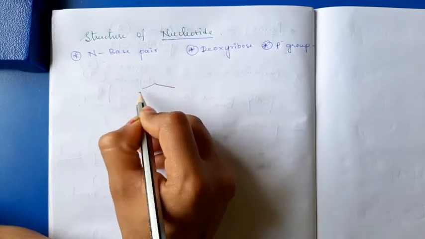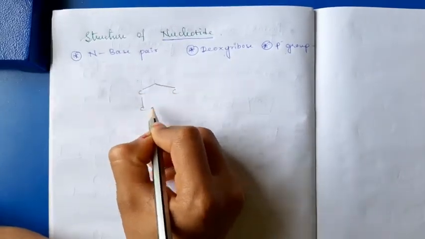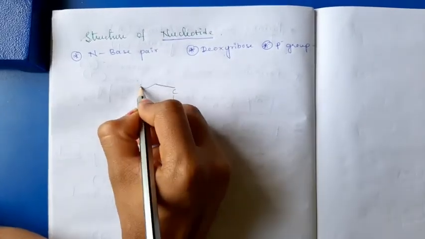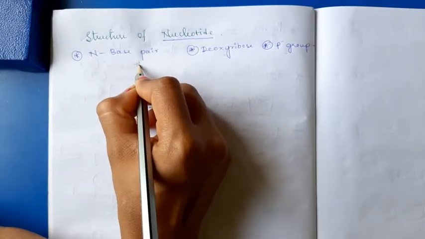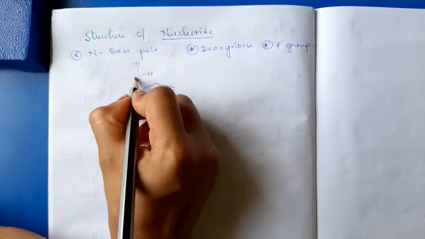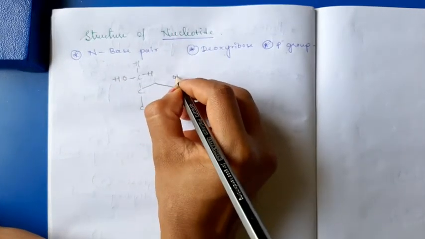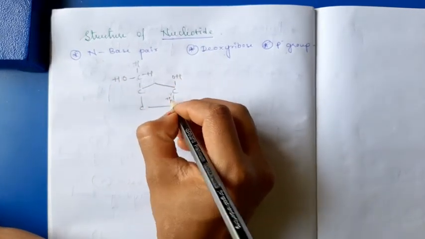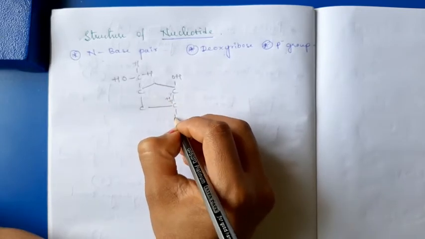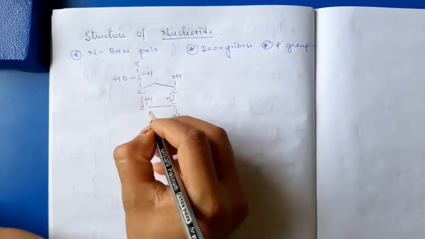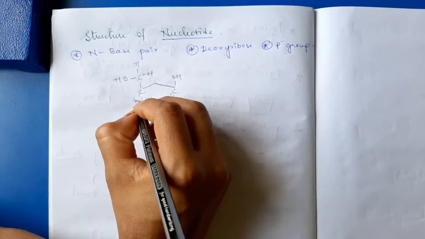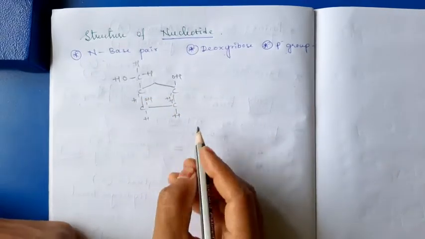Now I am going to draw the deoxyribose sugar diagram. This is what we discussed, OH group, here H, OH, H and H. This is the structure of deoxyribose.